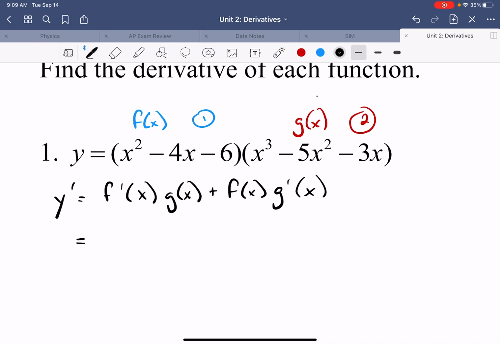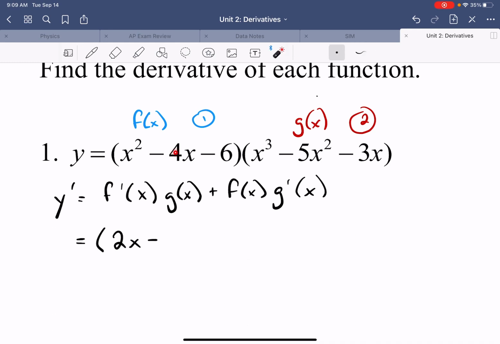So let's take it term by term inside of this first parentheses. The derivative of the x squared, well, that's using the power rule. So the derivative of x squared is 2x. And then I have a minus sign.